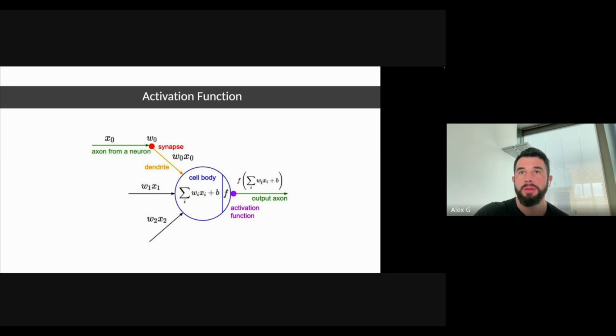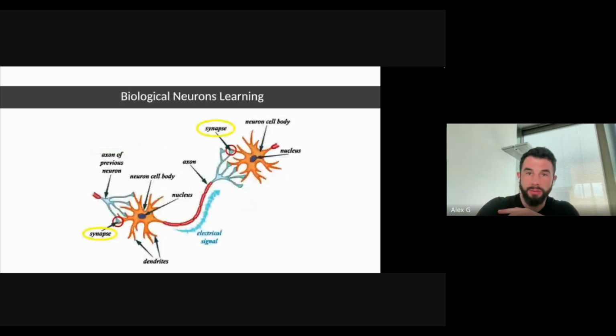This number will be passed to an activation function, for example, ReLU. ReLU is very simple. If it's larger than 0, it returns as it is. If it's less, it returns 0. 78, we pass it to ReLU, it returns 78. Okay, and the output of this axon will be 78. Okay, that's very simple, no magic.